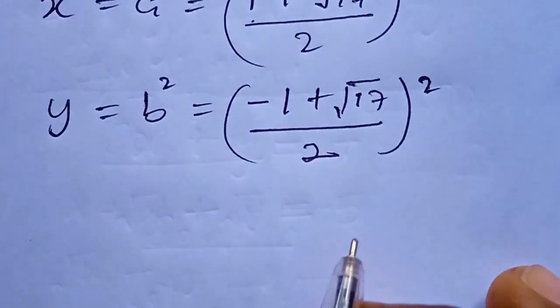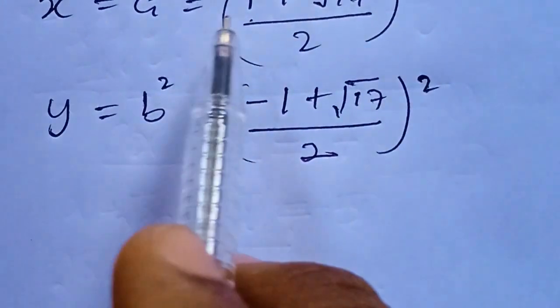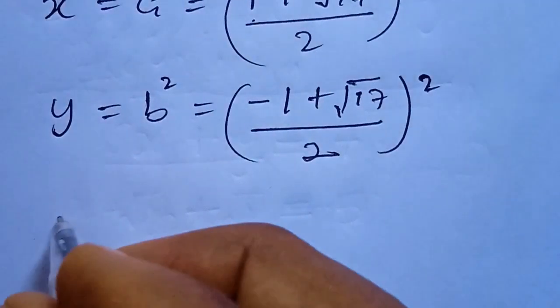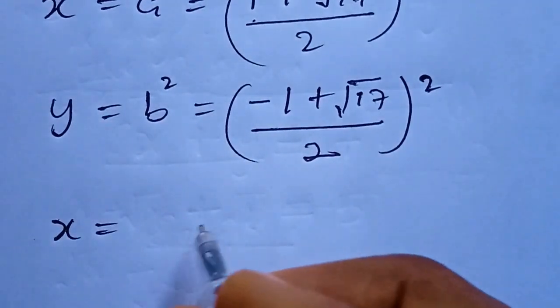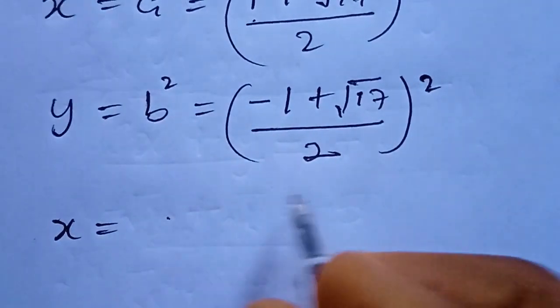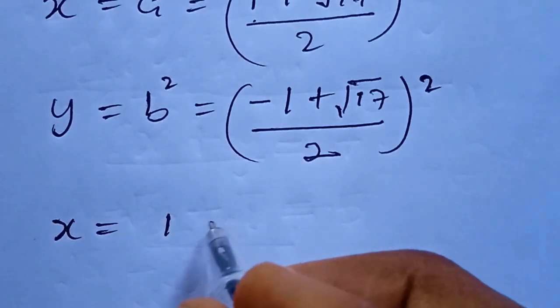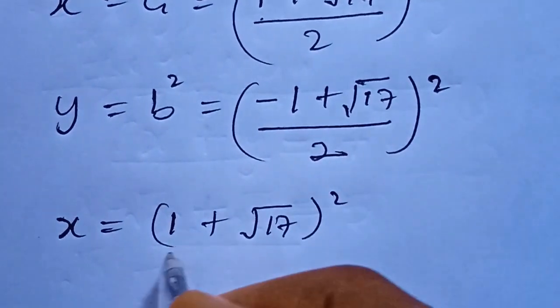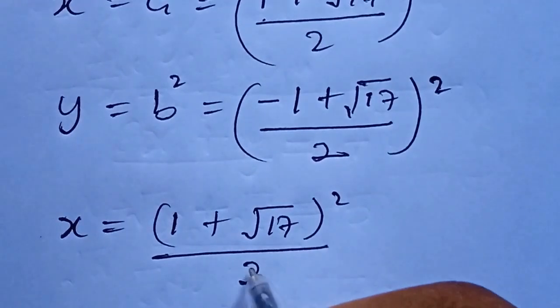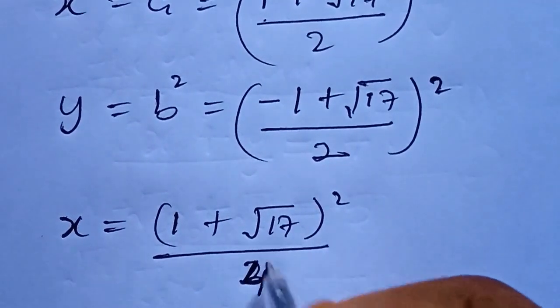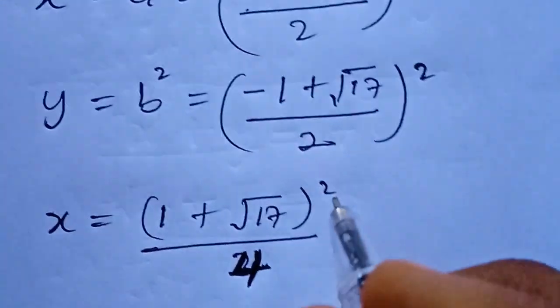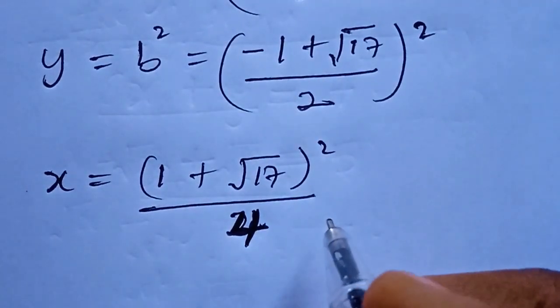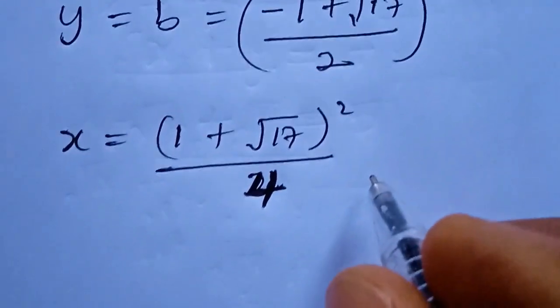So here, if we simplify x first, we have x equal to 1 plus square root of 17 squared over 2 squared. So 2 squared will give us 4.